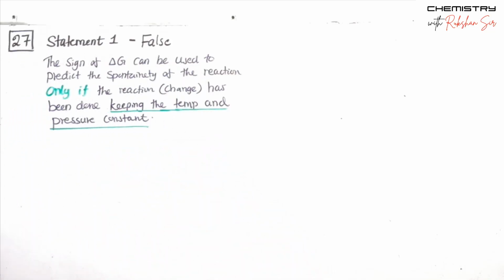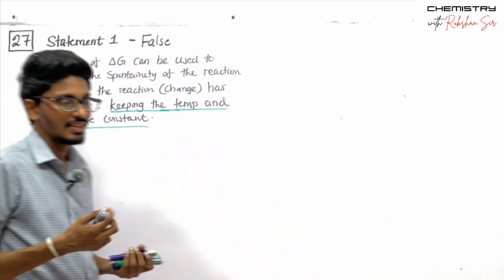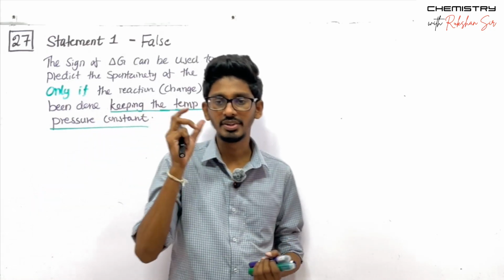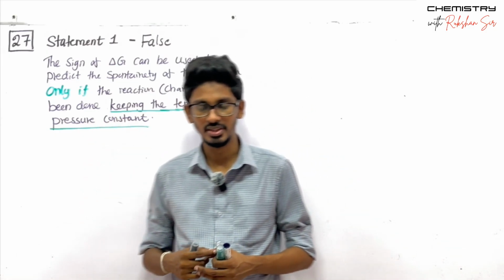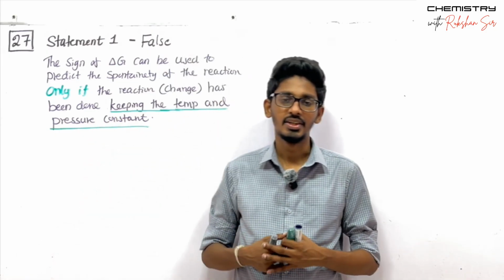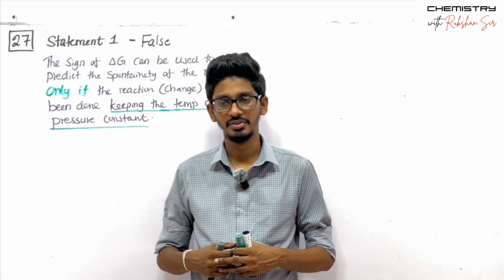The statement comes with the term always. As there are some exceptions, the statement has to be considered false. Because the statement says always, we have to take it as false.